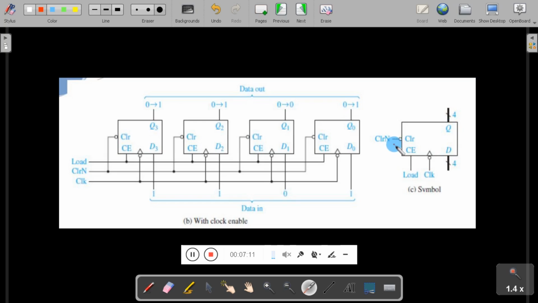Similarly, we have an asynchronous active low clear signal which is used to clear the flip-flops, and other than that we have a chip enable signal, which will enable the particular chip or IC. So this is the logical symbol of the 4-bit register.